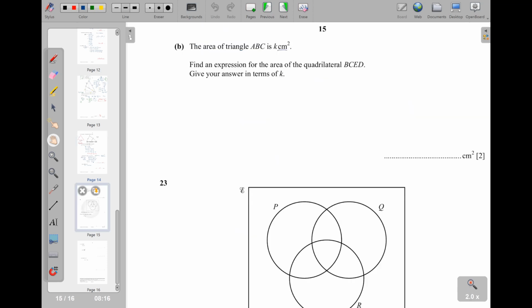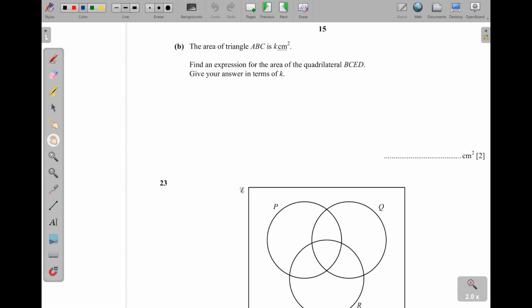So the next one here, area scale factor. Okay, we have area scale factor is equal to area maybe of the big one over area of the smaller one. And then we also know that area scale factor is equal to length scale factor squared.